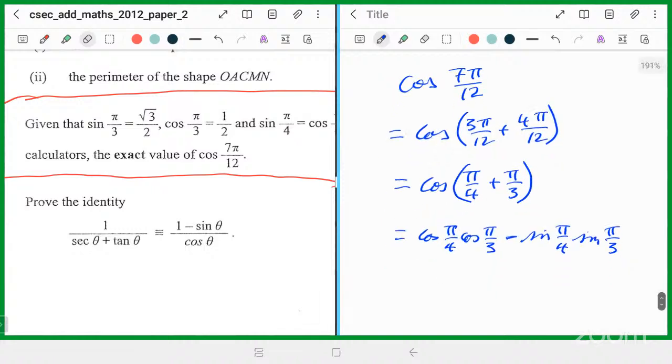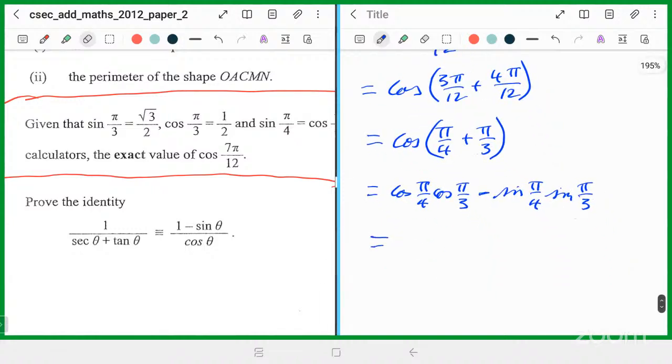So now we put in those values. The cos of pi by 4 is root 2 over 2. Cos of pi by 3 is a half. So multiplying these, this one becomes root 2 over 4. Minus the sine of pi by 4, which is root 2 over 2, times the sine of pi by 3, which is root 3 over 2.